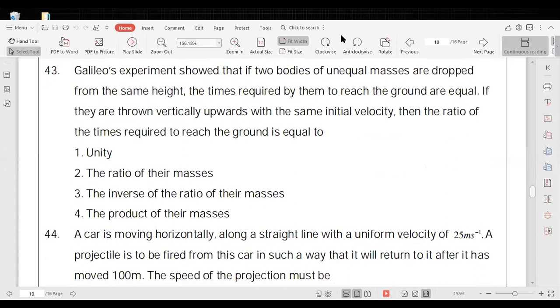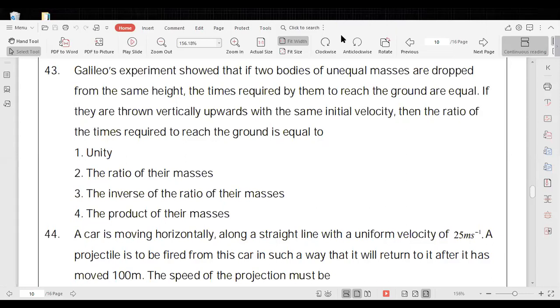That is correct. 42, 1 second only. Okay, next, what about 40, 43, 44? In these two, which problem do you need? No need of any problem in these two.